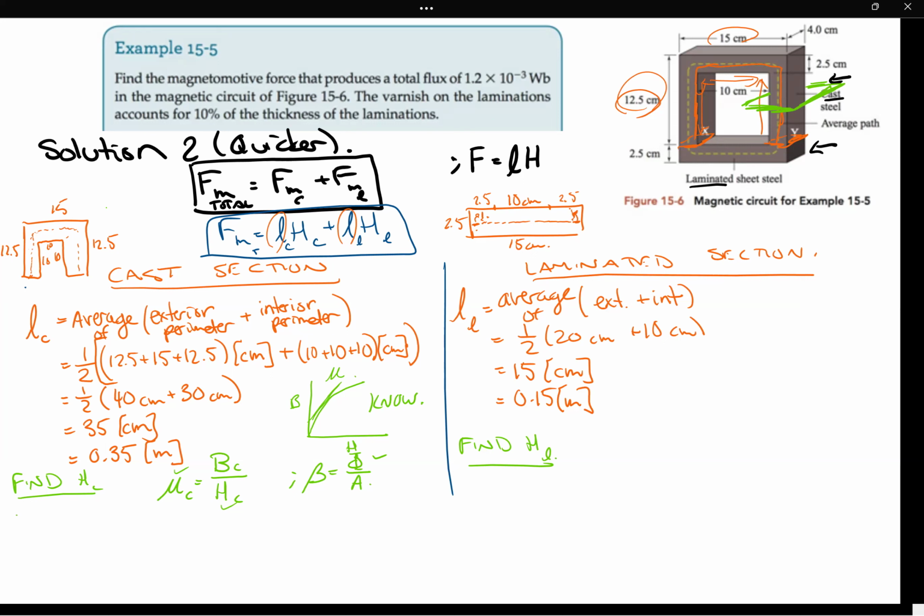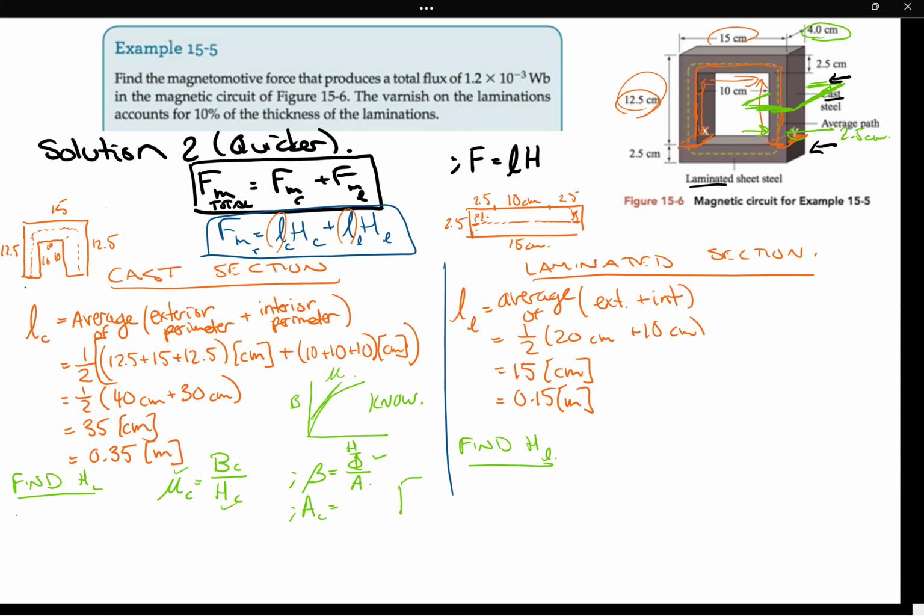then I know what the area is. I see up here, it's 4 deep, and then it is 2.5 centimeters in this direction.